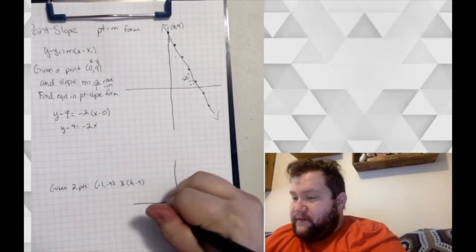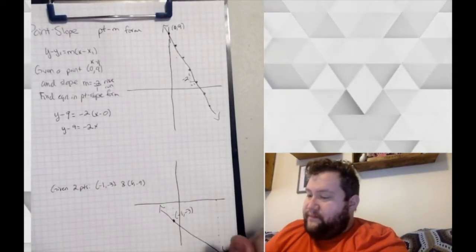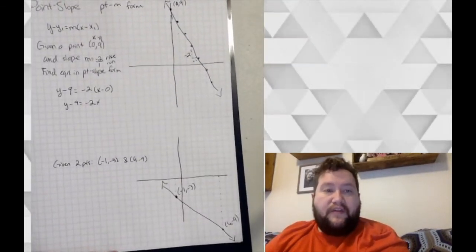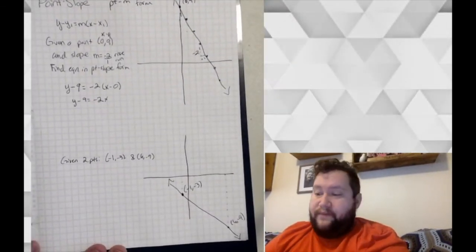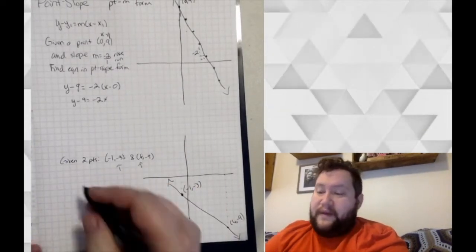Connect those. That's our line of interest. And what we want to do is find our equation in point slope form. So we have a point, and well, we actually have 2 of them. And so we need our slope.